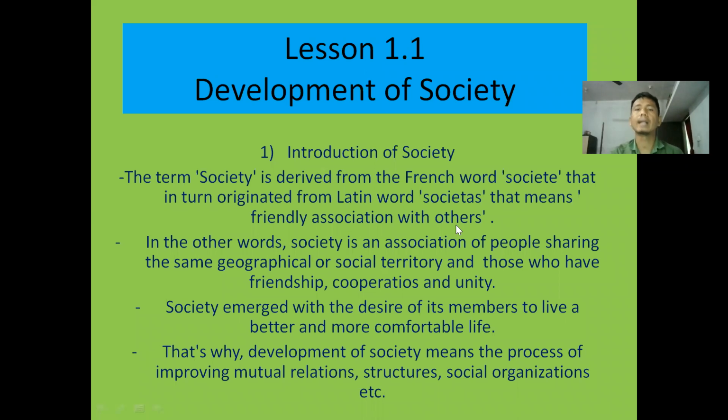Society means friendly association with others. It means to develop good relationships with neighbors, or to build a society or organization, taking the help of the people living around us. Such meaning it gives.